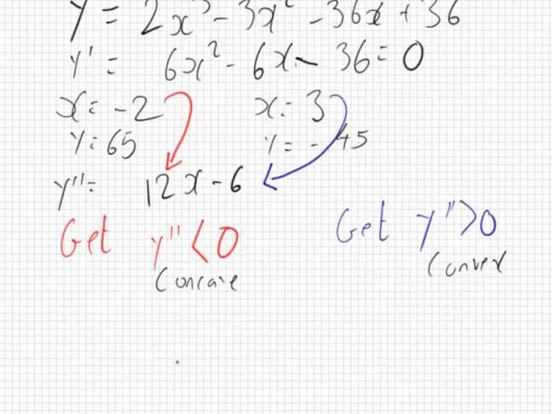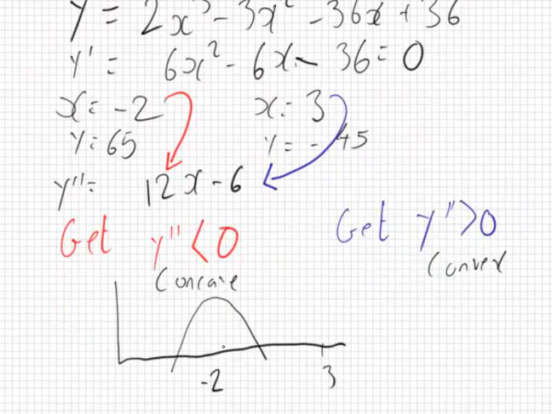Sorry, concave is a cave. Concave is this shape when x is minus 2. So here x is minus 2. And then what happens when x becomes 3? It's convex, which makes it switch into this shape.